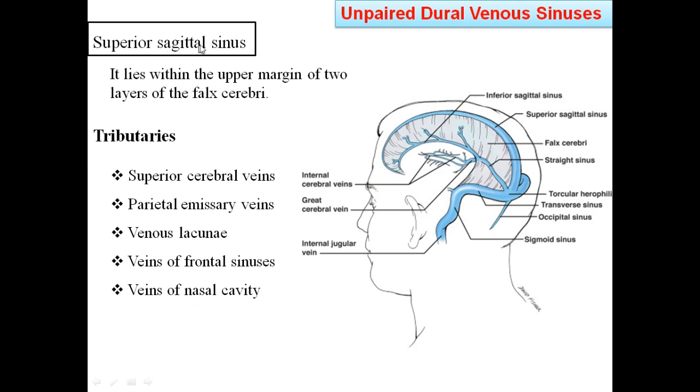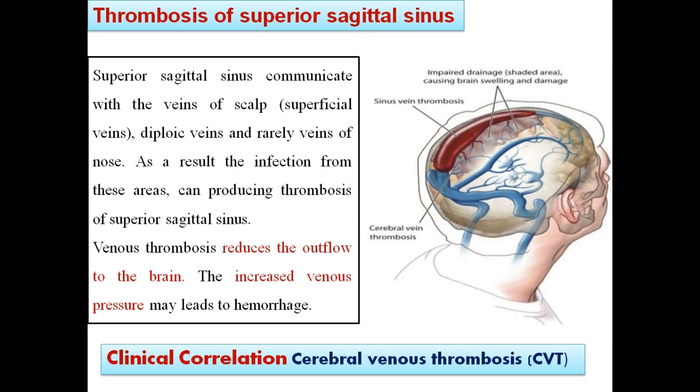The superior sagittal sinus is commonly affected by thrombosis. Let us see the picture that shows a superior sagittal sinus blood clot or thrombosis occurring, because this sinus receives blood from the scalp and from the area of the nose, and the diploic veins.